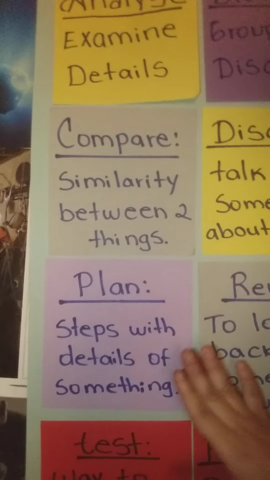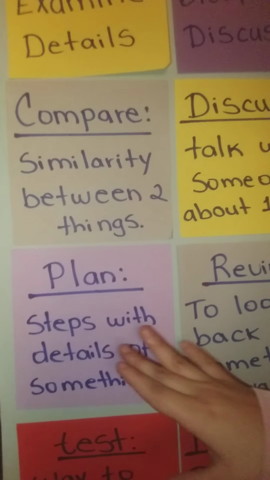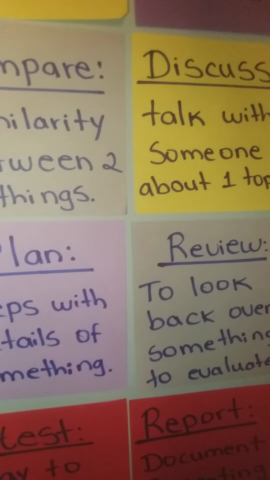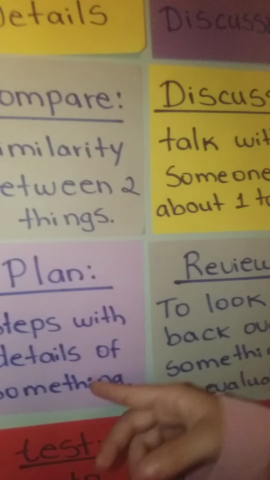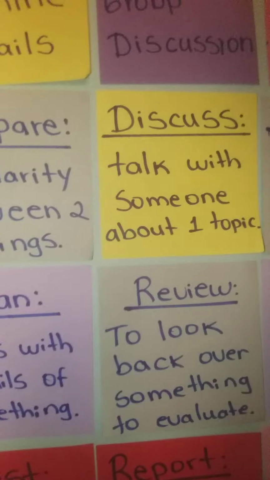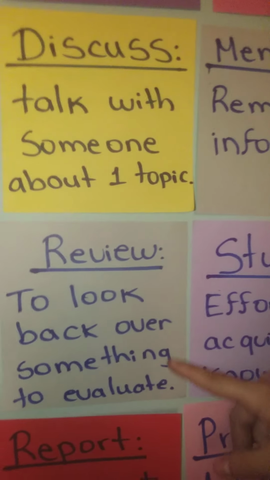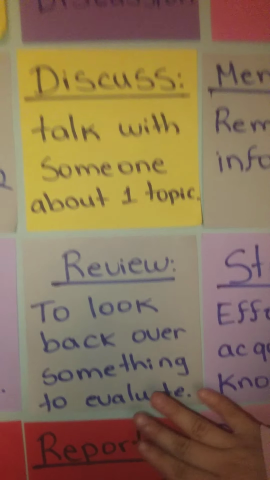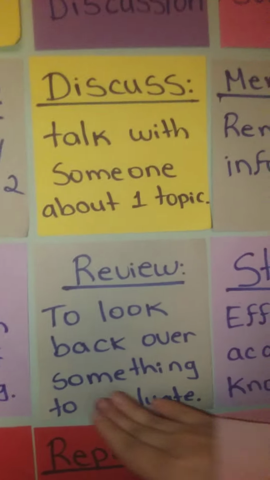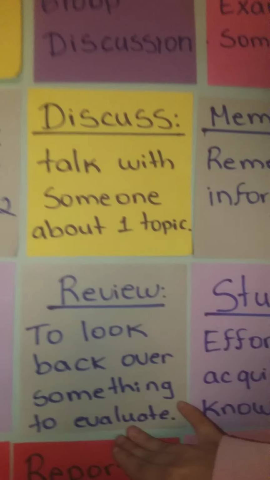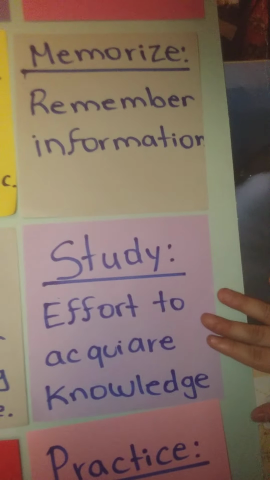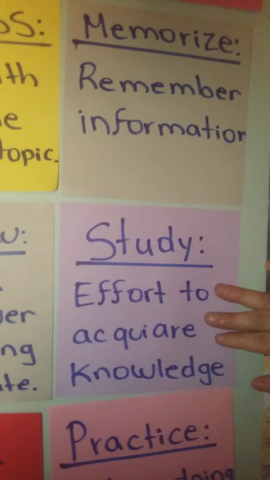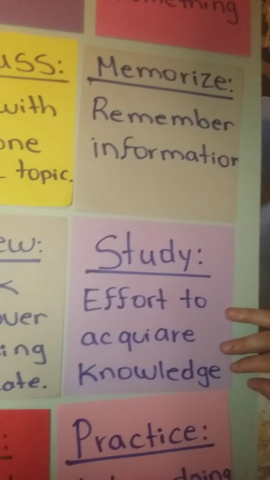We have the word plan, that are the steps that you follow with details of something that you are going to do. We have the word review, that is to look back over something to evaluate. We have the word study, that is the effort to acquire knowledge.